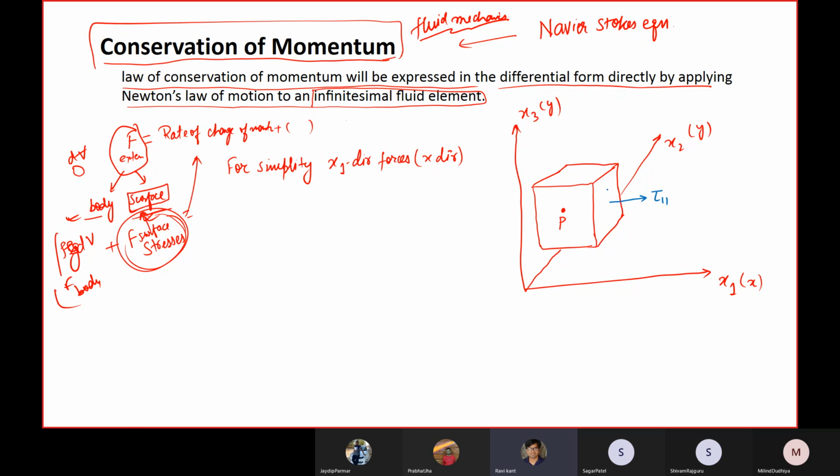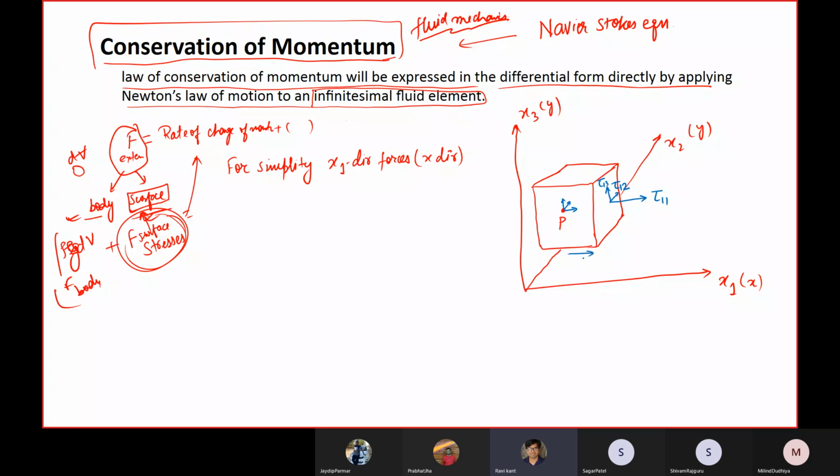The other stresses, in z direction or in y direction, would be tau one face in direction 2, and one face in direction 3. So essentially this state of stress would be appropriate at this particular point P.